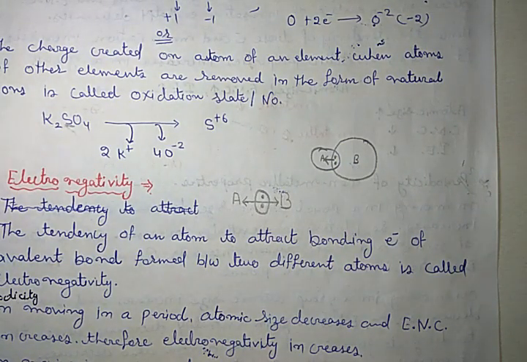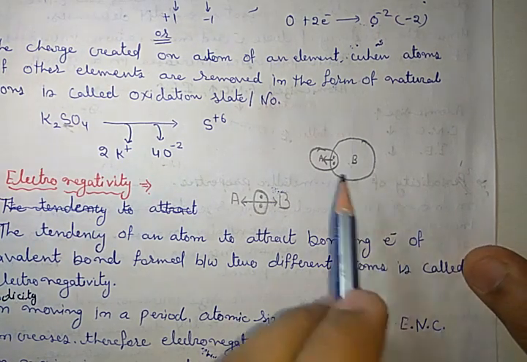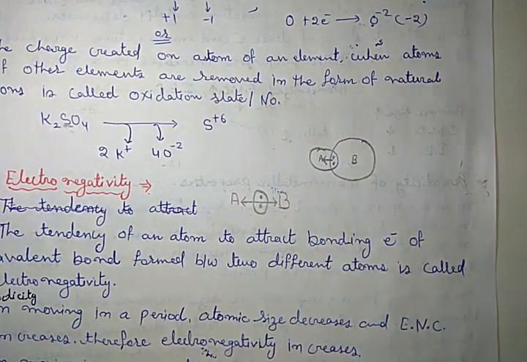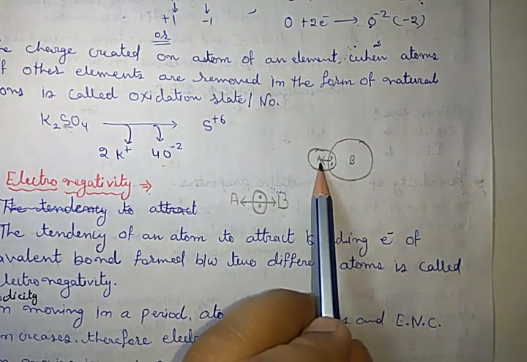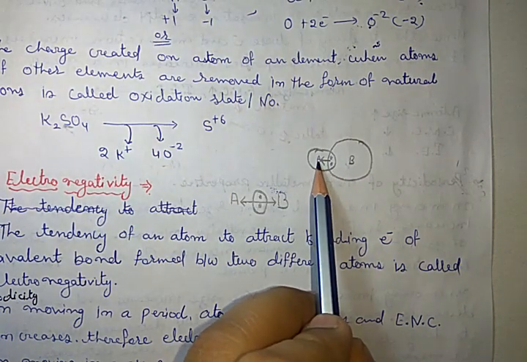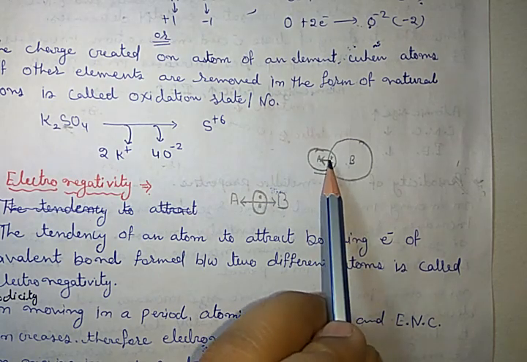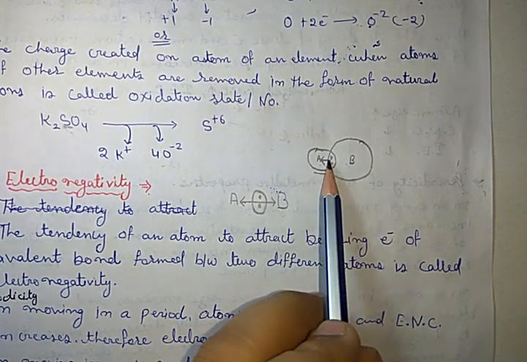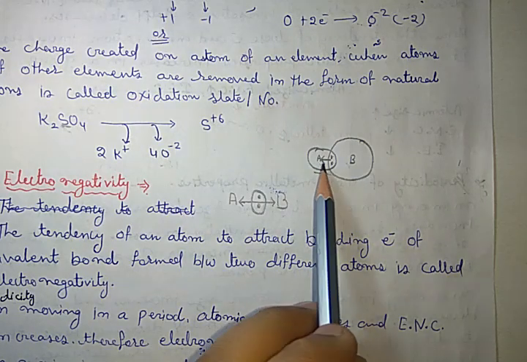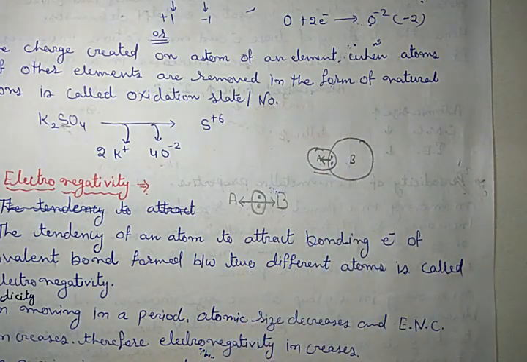And if effective nuclear charge is more, then the bonding electrons will be attracted more strongly, with greater force, because these electrons are close enough to the nucleus of A. Since A is small sized, these bonding electrons are closer to the nucleus of A, so they will experience more attraction force, more effective nuclear charge.